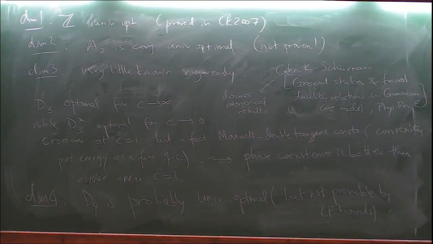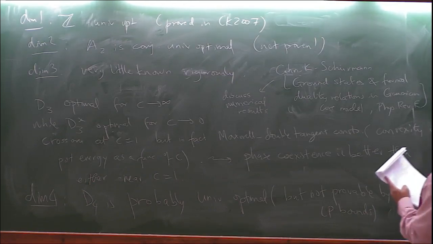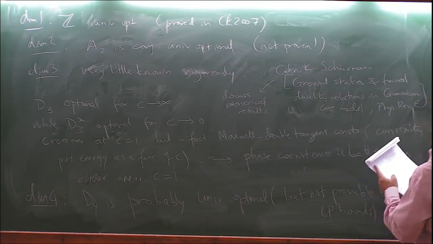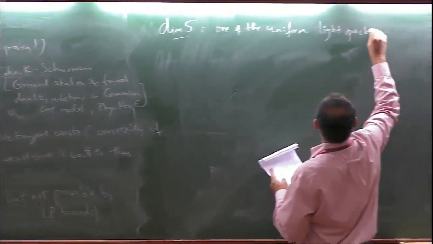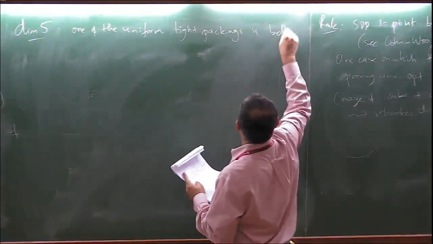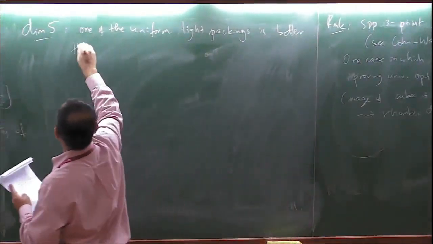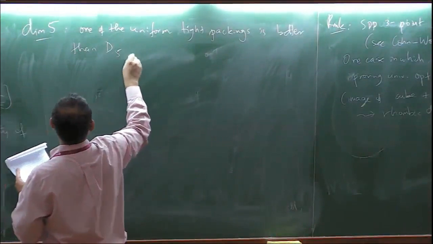Okay, let's keep going. D5, 5 dimensions. Here we get a chance to revisit some of these tight packings that I talked about in the first lecture. One of the uniform tight packings is better than D5.